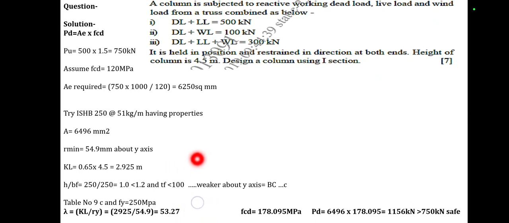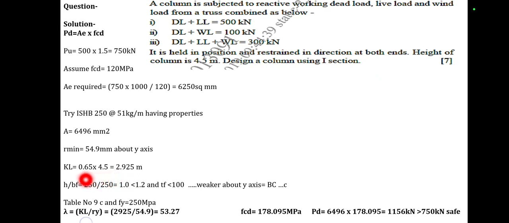Hence our buckling class will be either B or C. But as the value of our R minimum is in the y direction, that is RXX is greater than RYY, hence the section is weak about the y axis. Therefore our buckling class is C. From table 9C, our Fy is 250.